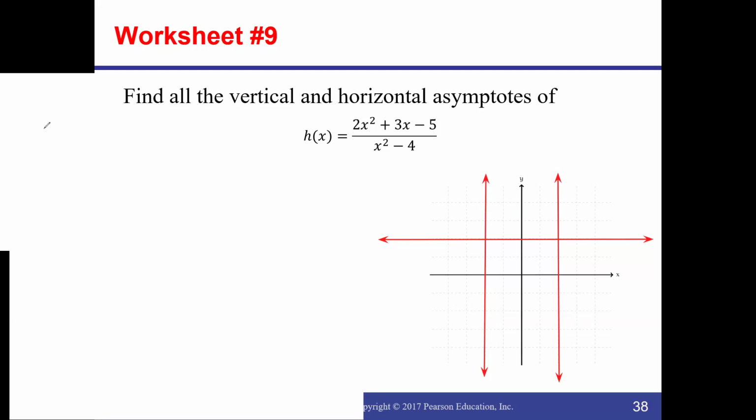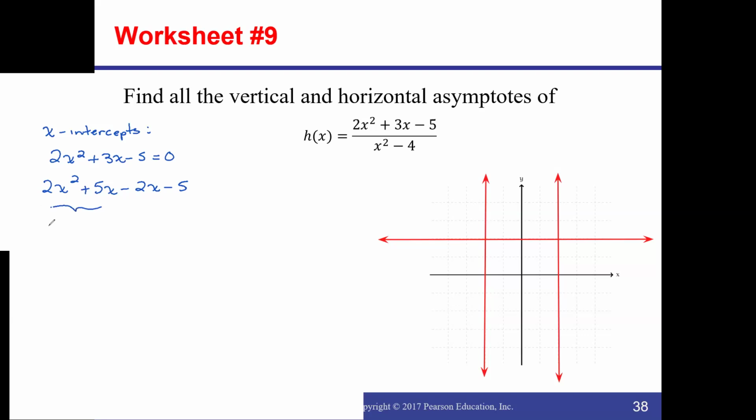Our x-intercept is when the numerator is equal to 0. If we multiply this together, we get -10. I need factors of -10 that add up to +3. Well, that would be 5 and -2. So we can break up 3x as 5x minus 2x.